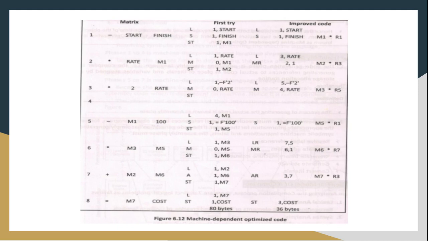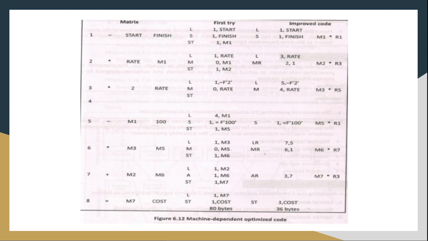What is the second operand? M1. Then multiply the content of register 1 with M1, and the result will be available in the 0 plus 1 register, that is 1. And ST1 comma M2 means store that value into M2. Similarly we will generate the object code for all the matrix entries from 1 to 8.